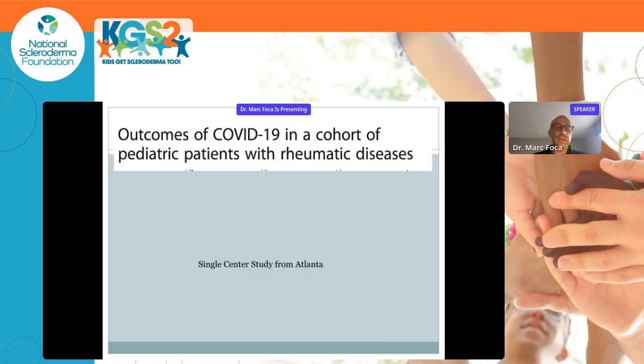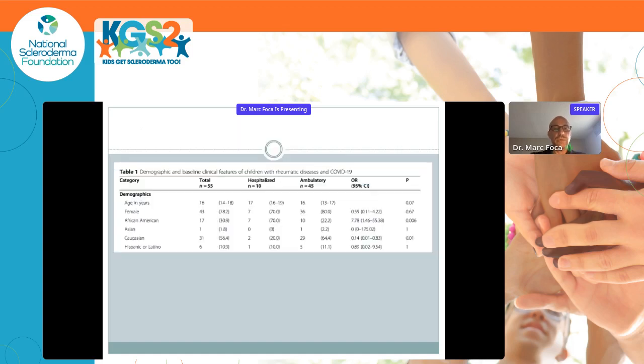And then this study, also a single center study, looked at patients from Atlanta, again early in the pandemic. And what they found was they had 55 patients in total, 10 of whom were hospitalized, 45 who remained as outpatients.